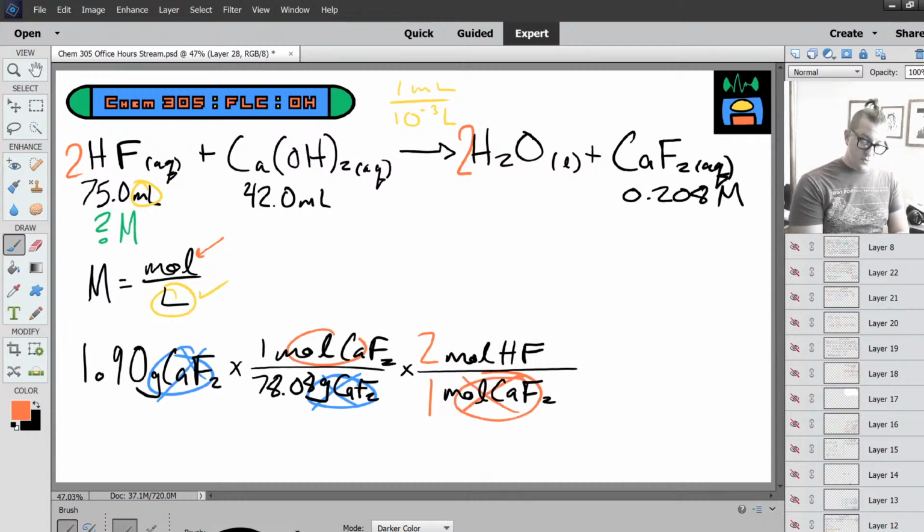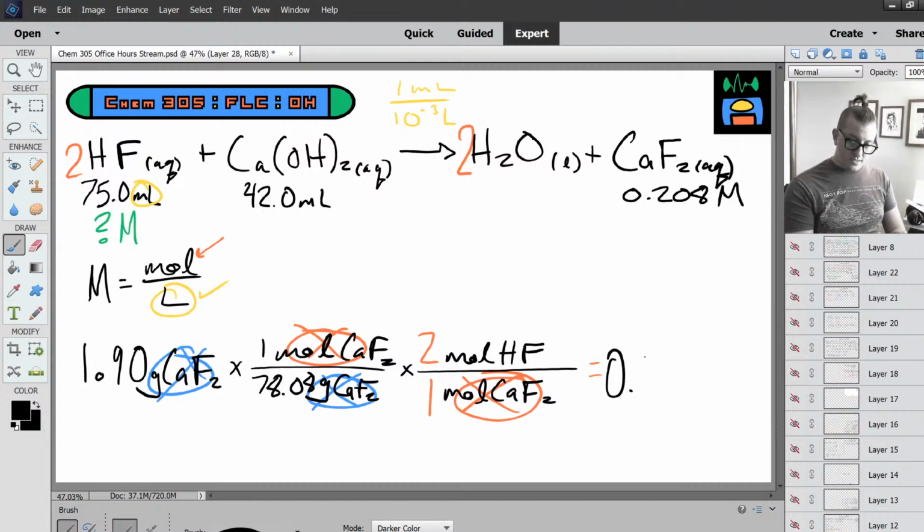So moles of calcium fluoride cancel moles of calcium fluoride. So we have 1.9 divided by 78.08 times 2 gives us 0.0487 moles of HF reactant.